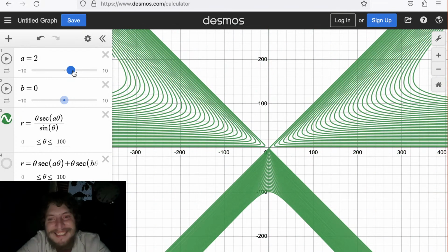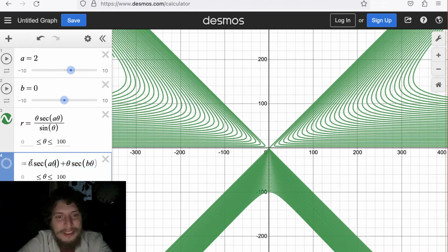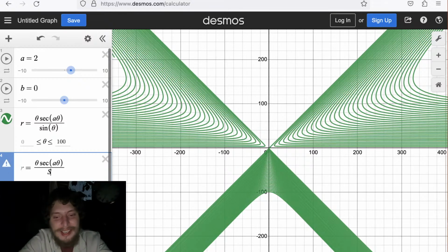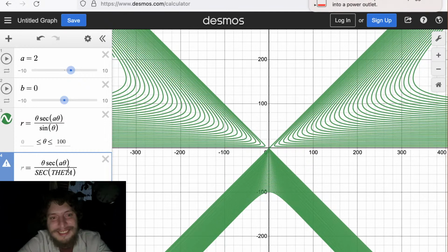That one's pretty cool. Ooh, that one's interesting. And we're going to try a similar version for these ones. So this one, we said secant over sine was the first one. Well, let's try secant over secant. Whoa, why is that? I was in caps, so it doesn't like all caps.